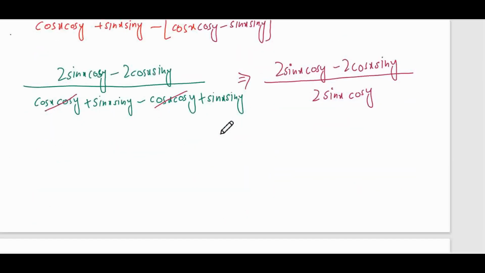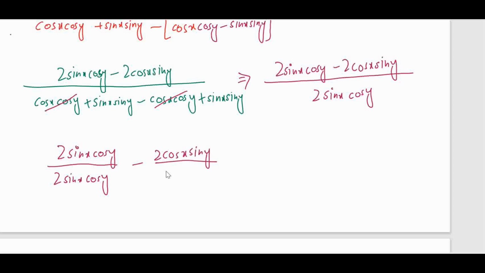Now using the basic maths, we can write this one as 2 sine of x cos of y divided by 2 sine of x cos of y. दोनों के नीचे हम डिवाइड करके की फॉर्म में लिख सकते हैं 2 cos of x sin of y divided by 2 sine of x cos of y.